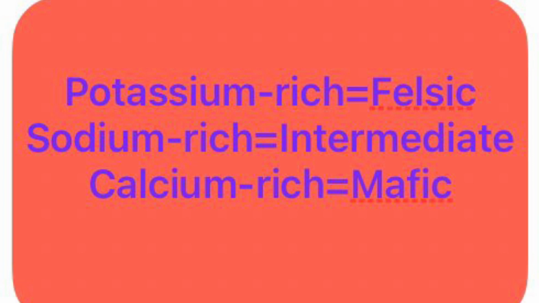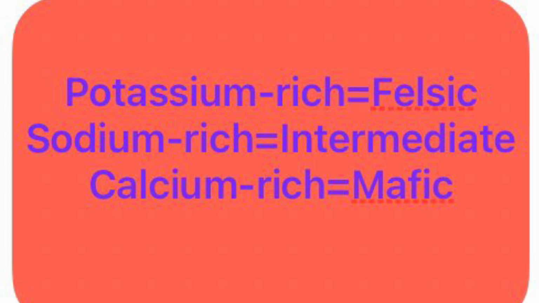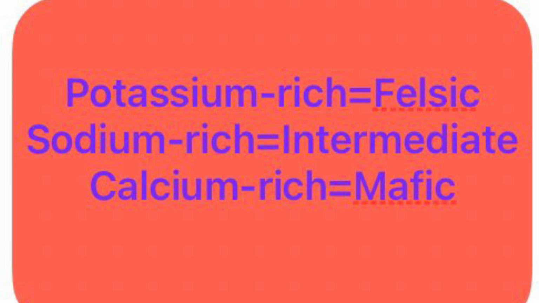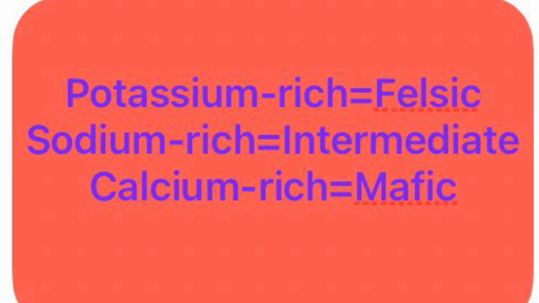Intermediate rocks have a lot of sodium-rich feldspar, a good amount of quartz, and usually a lot of black biotite mica. Calcium-rich feldspars are usually associated with mafic rocks. Mafic rocks are dark rocks that usually contain lots of calcium-rich feldspar, lots of pyroxene, and some hornblende.